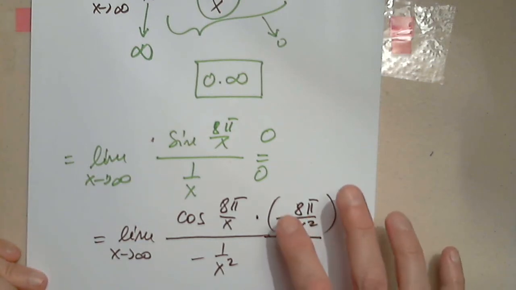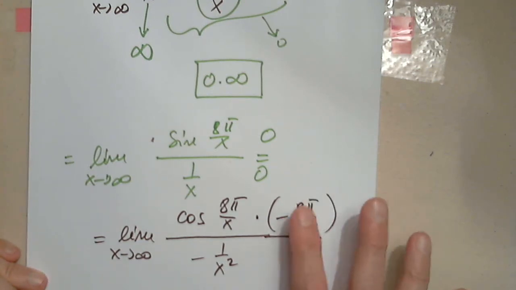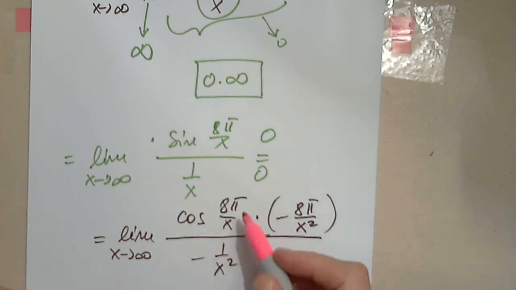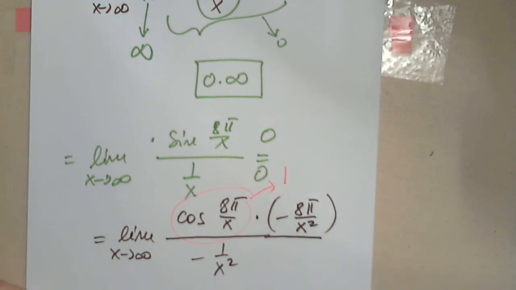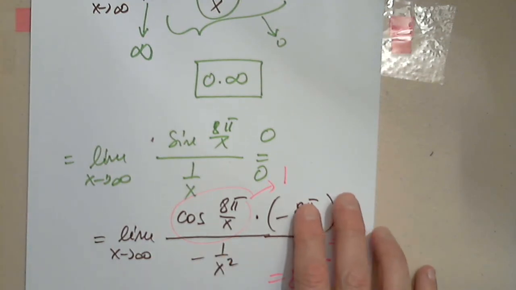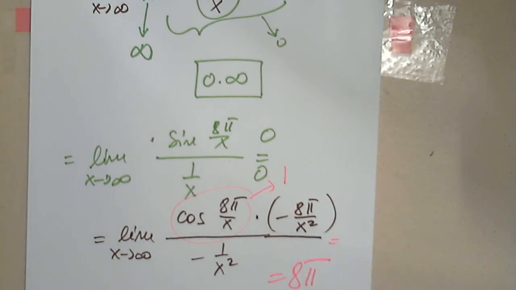Luckily, the negative 1 over x squared will go away. This will approach 1. So the only thing that is left is the 8 pi, because there is a negative 1 over x squared with a negative 1 over x squared, and there is just an 8 pi left.